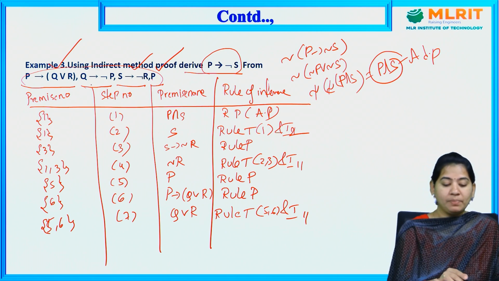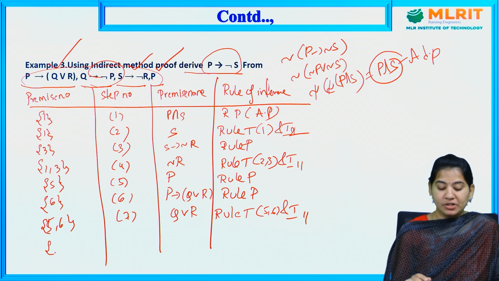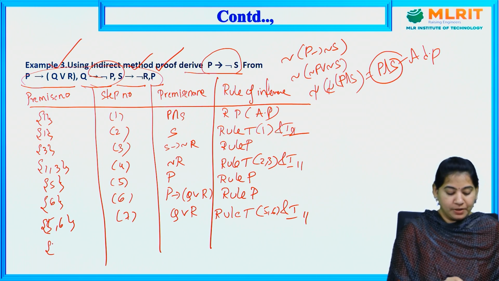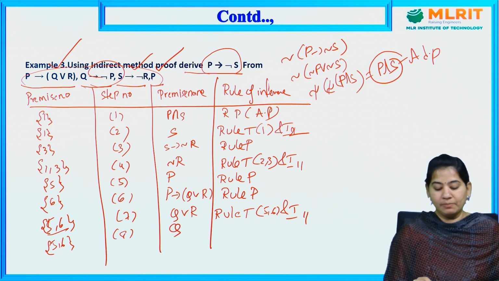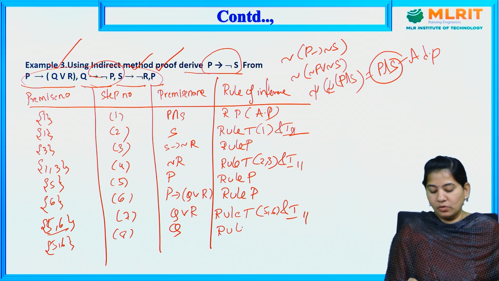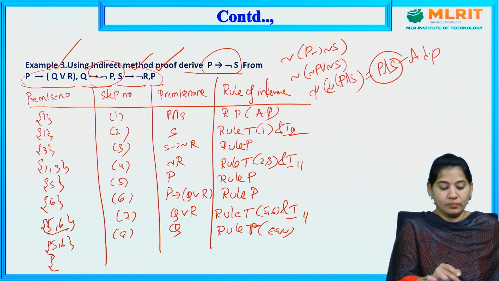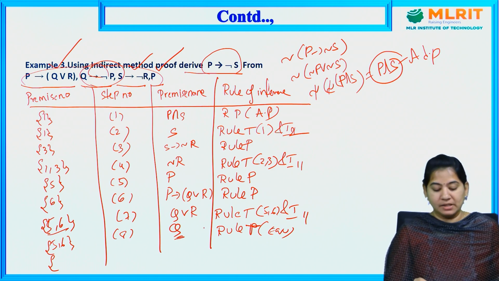So now Q implies negation P is there. So let us go with the Q implies negation P here. For example, 5 comma 6 is there. So the same thing you go for this, step number 8 and let us write Q. So here, if I write Q, this is called rule T, by using the equivalence formula. So next, after Q, we are left over with Q comma Q implies negation P formula.